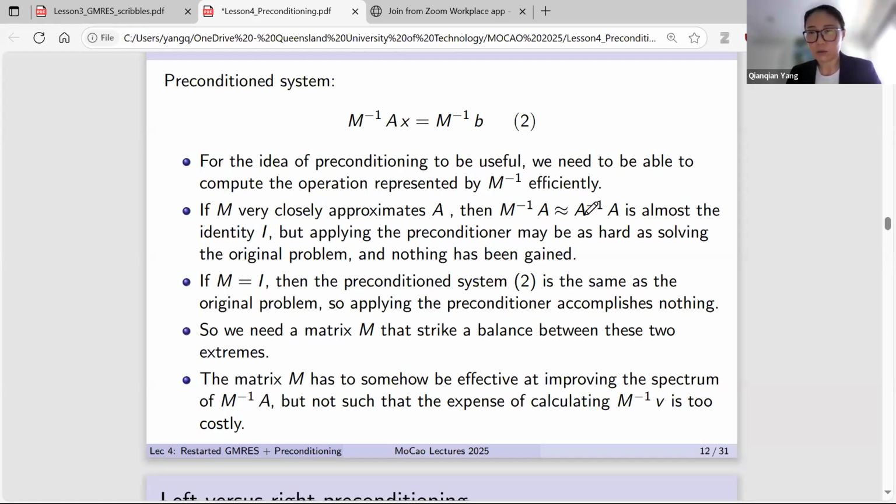On the other side, if my M is just the identity matrix, then my preconditioned system is the same as the original problem. Again, nothing achieved. So we need a matrix M that strikes a balance between these two extremes, somewhere in between. M has to be effective at improving the spectrum of M inverse A, but not too expensive for calculating an operation like M inverse times a vector.